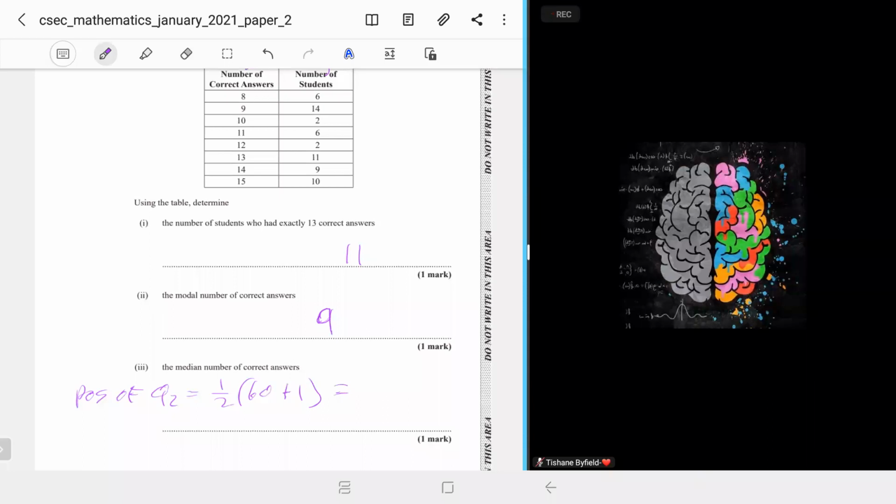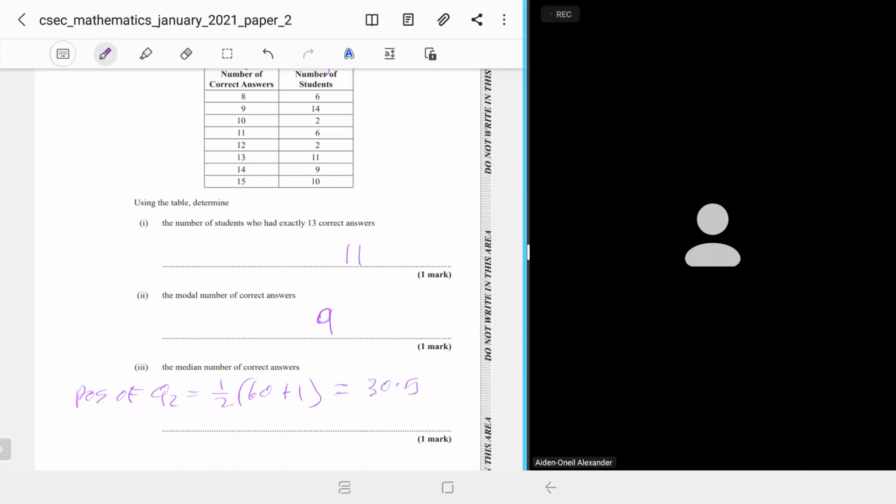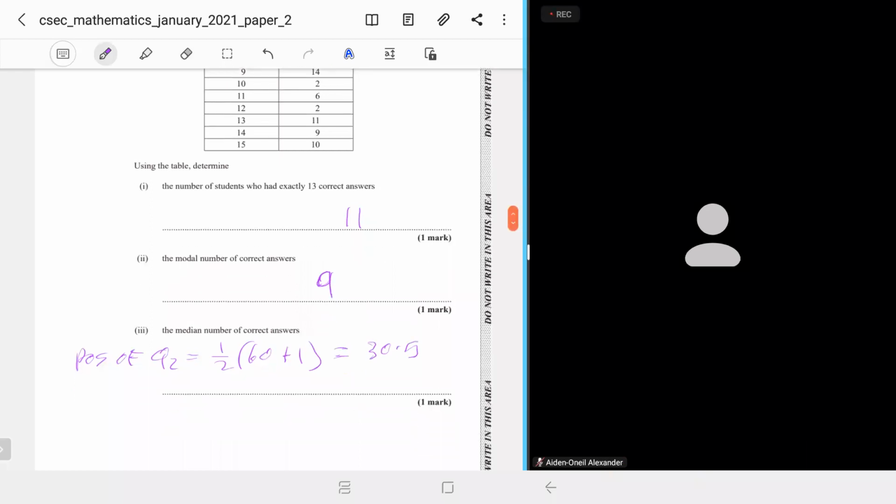Half of 61 is how much? 30.5. 30.5 means you want the average of the 30th and the 31st student. The position is the 30.5 student. That's what it means. 30.5 means between 30 and 31.